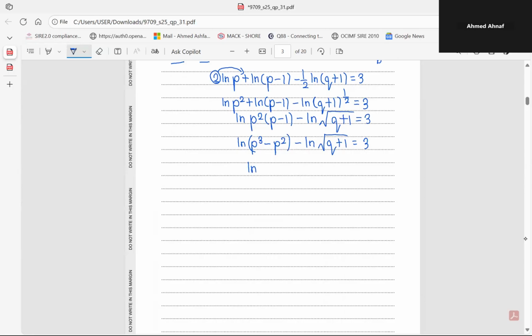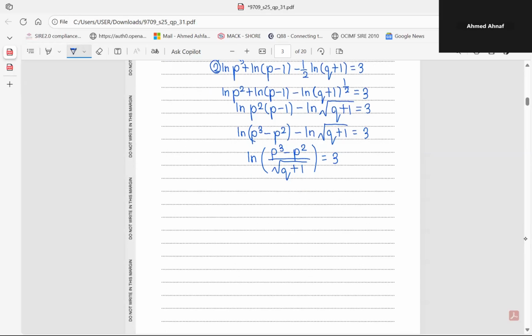Hence, this would be ln of (p cubed minus p squared) over square root of q plus 1, and that would equal 3. Now let's take e on both sides. On the left-hand side, the e's will cancel out. So our final solution is e cubed equals (p cubed minus p squared) over square root of q plus 1.